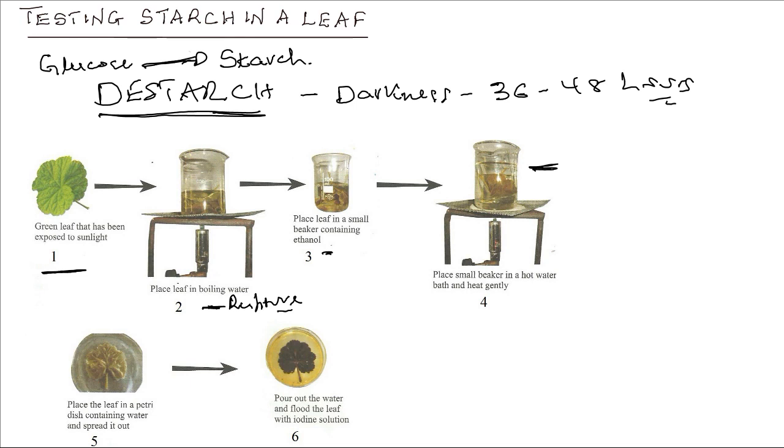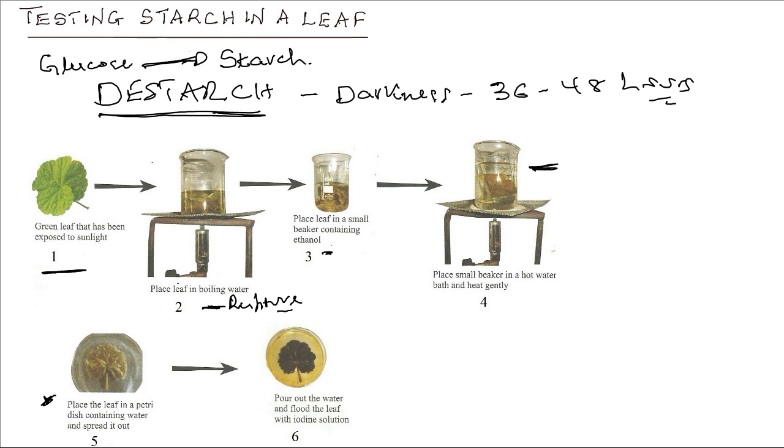After about 5 minutes of heating the ethanol, the leaf is then placed in a petri dish or another beaker containing warm water.